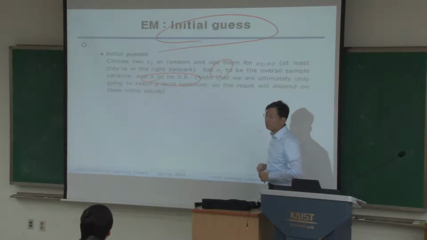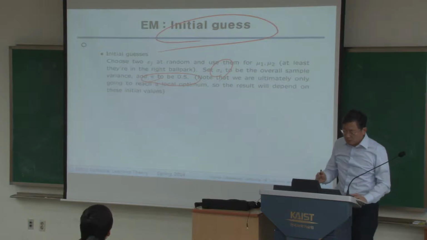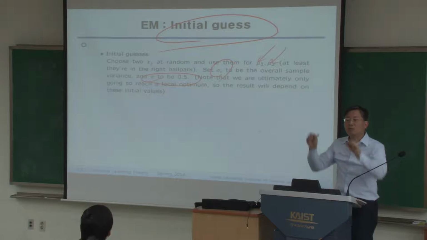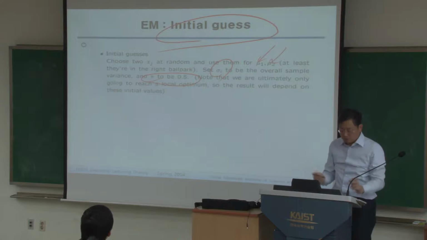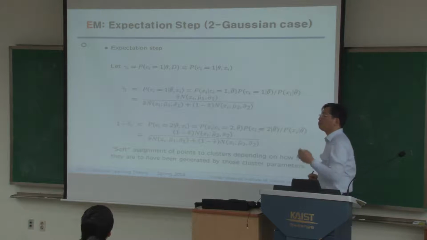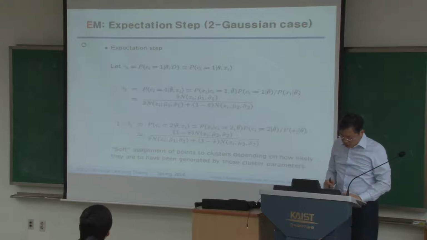That's a good initial point. Okay? And for the mean, you just take the sample mean. Or you just pick 2 points and you call that the mean. That's a good initial guess. Okay, so let's look at gamma.